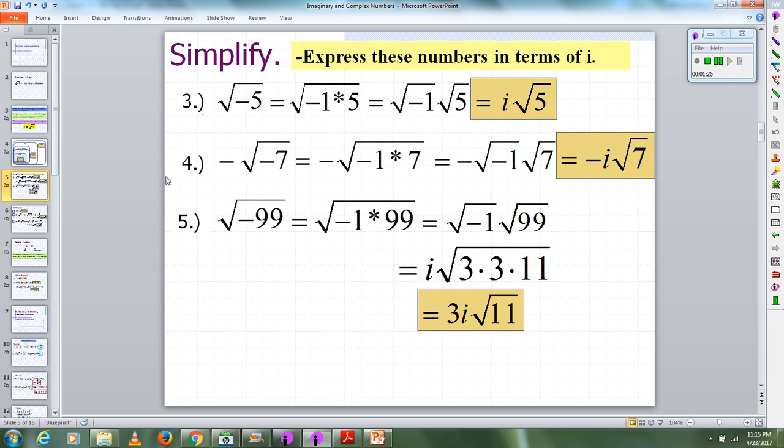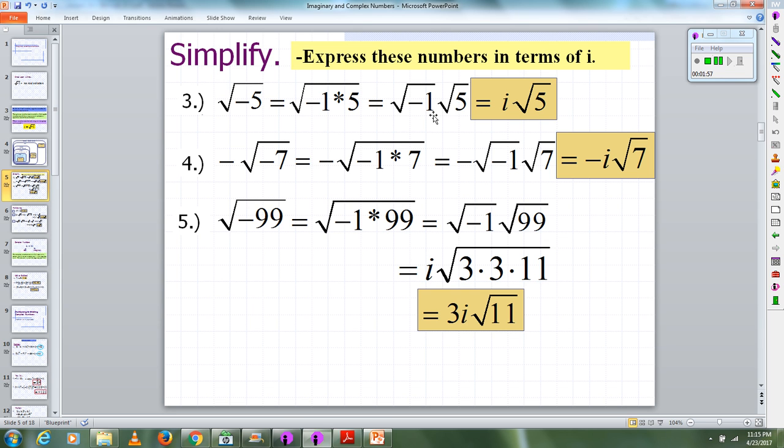So let's practice expressing square roots of negative numbers in terms of imaginary numbers. Such as if we have the square root of -5, the first thing we are going to do is, under the square root, write the negative number as a product of -1 times a positive number. In this case, it will be -1 times 5.